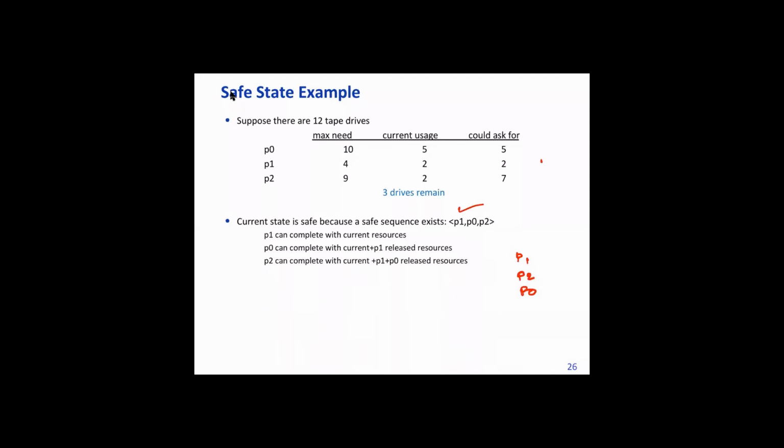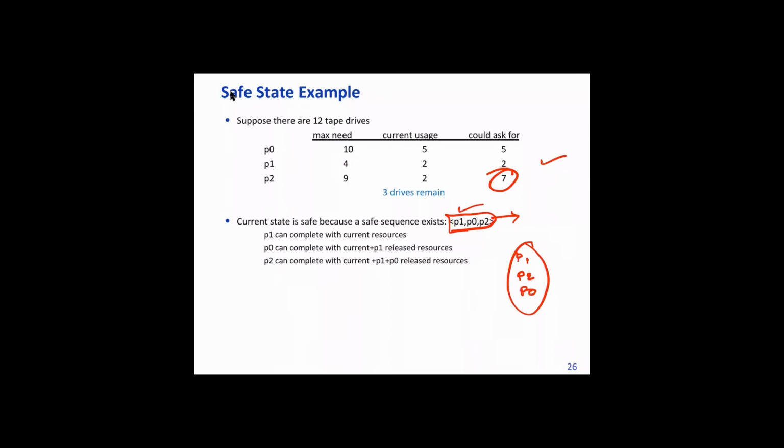Fine, this will be done. Then P2, oh, it will require 7 here. So this will get into deadlock. So you're right. Only this sequence is a safe sequence.